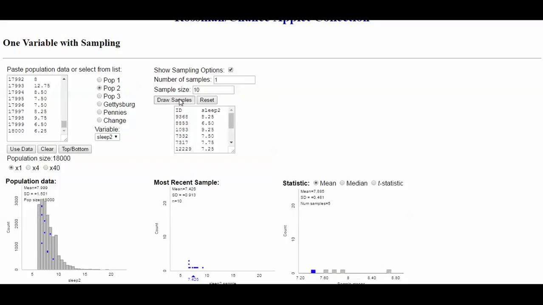Let's take a look at that. And we're not going to really see the shape until we have lots of samples in here. So far we have about 94 sample means in our sampling distribution.